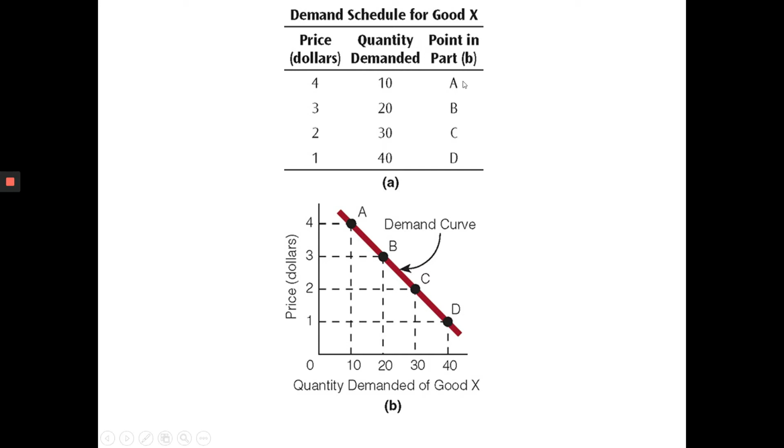So, for example, consumer choice A means at the price of $4 for shoes, a buyer is willing to buy 10 pairs. Choice B, when the price falls from $4 to $3, willing to buy more than before, now 20 pairs. And C, at the price of $2, willing to buy 30 pairs. And D, it's $1, willing to buy 40 pairs.